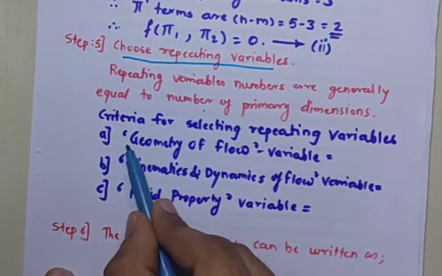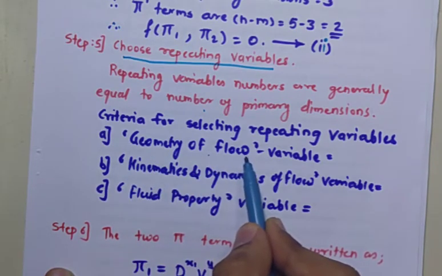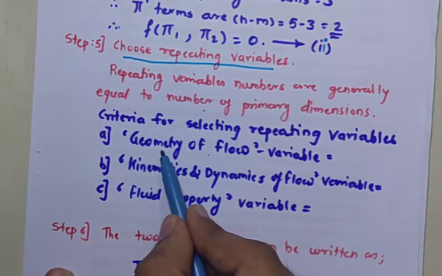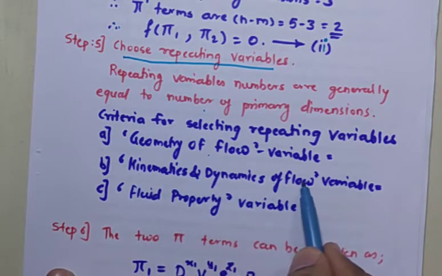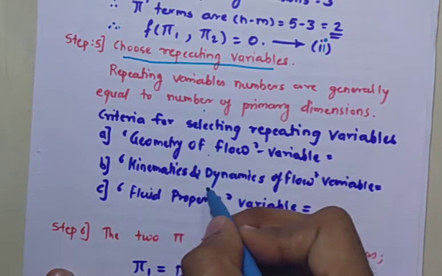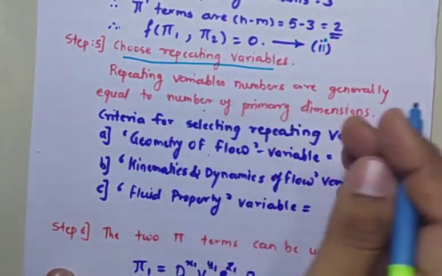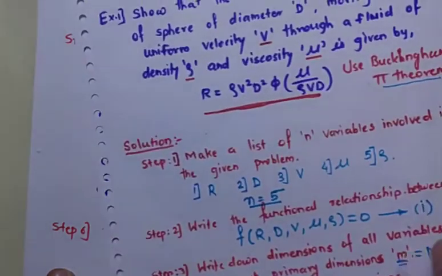The first variable should describe the geometry of flow. The second one should describe the kinematics and dynamics of flow, and the third one should describe the fluid property. With this we have to choose the repeating variables out of our given variables.